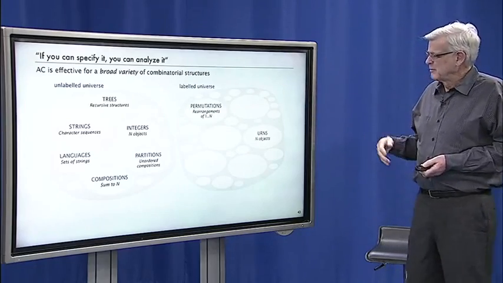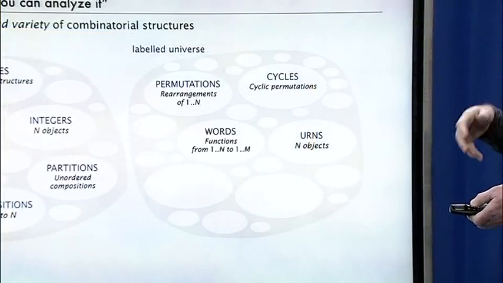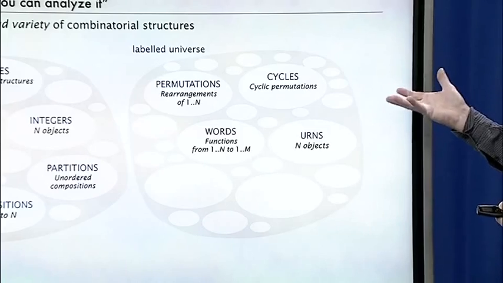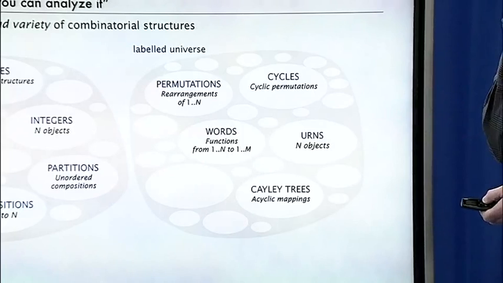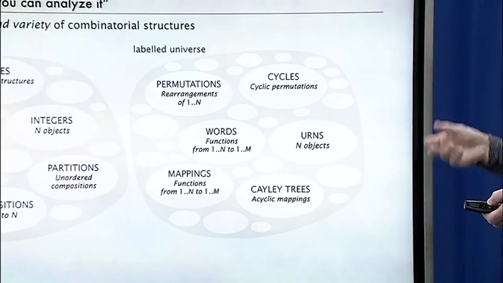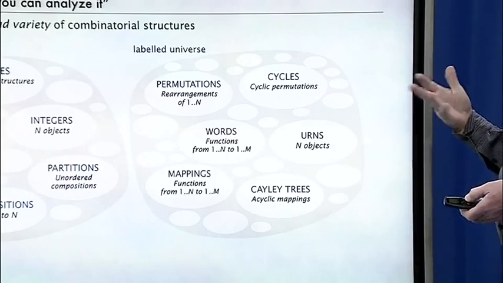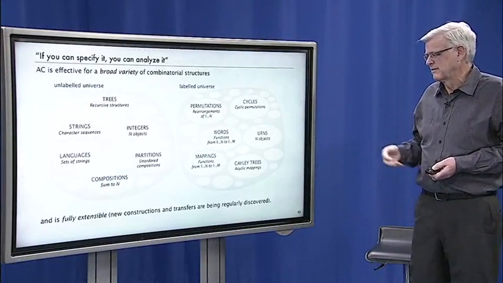Labeled objects are things like permutations, or balls and urns, or cyclic permutations, or functions, we call words, functions from one finite domain to another. Labeled trees, those are acyclic mappings, or general mappings, and many, many others. These are just the basic ones.